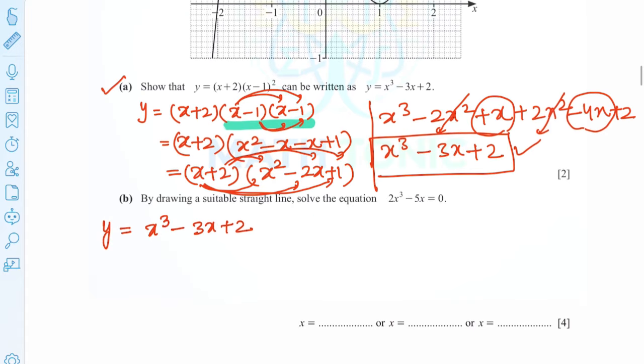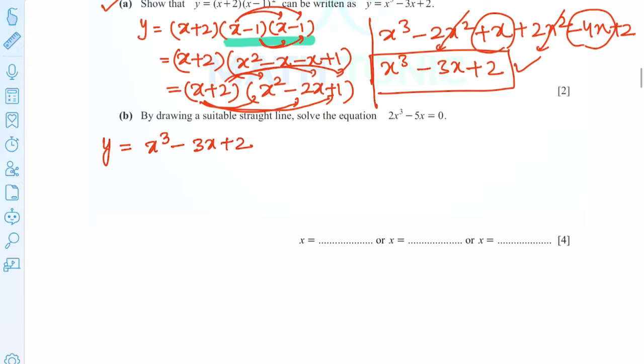Now the curve is given, y equals x cube minus 3x plus 2, and this one is given as 0 equals 2x cube minus 5x. So we try to solve it as simultaneous equations to find the straight line equation. How to solve it, I'm telling you. Imagine I'm taking this as equation 1, and this as equation 2.